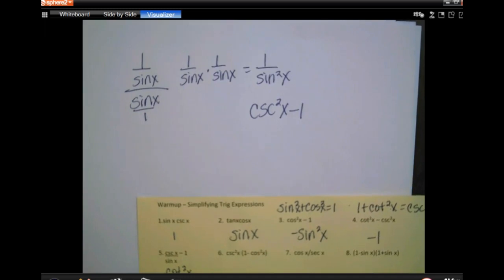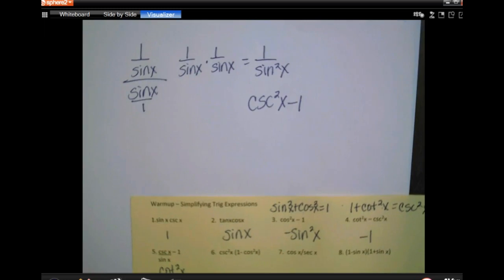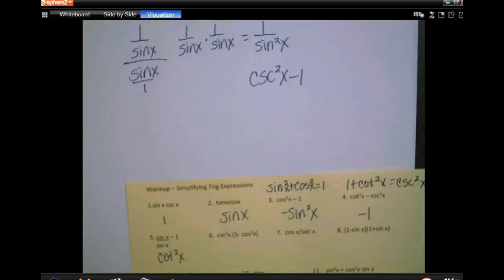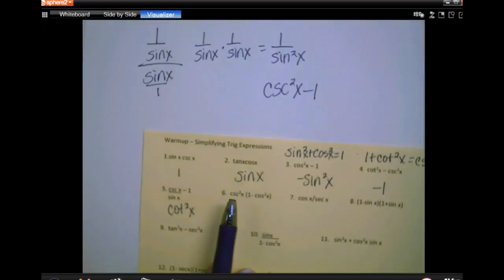Why wouldn't you? Okay, so. Oh, that minus one's not with the CSC one? It's already in the problem. It is. It's in the problem. It's not in the formula. It's in the problem.